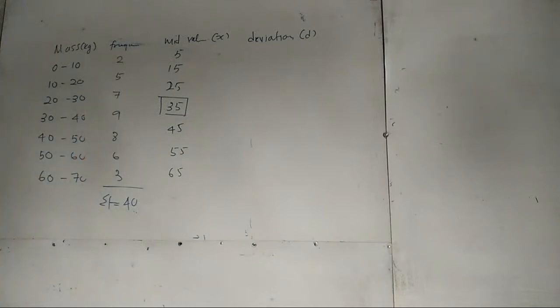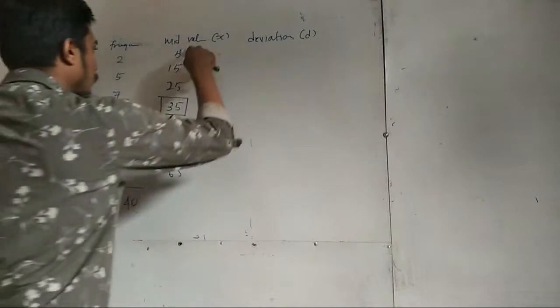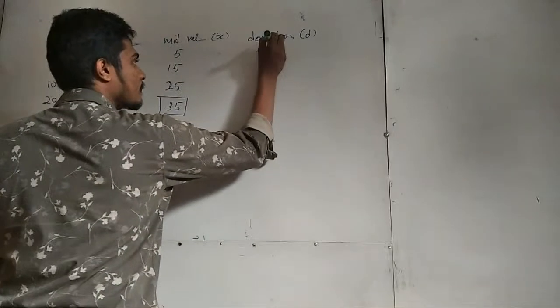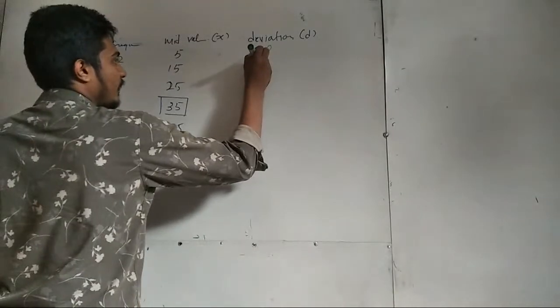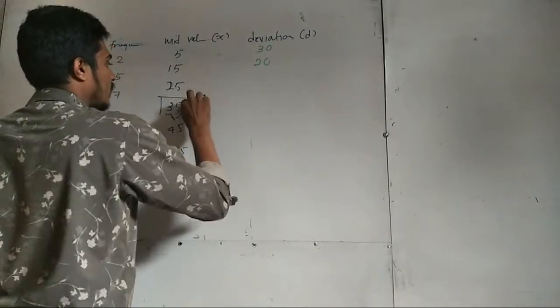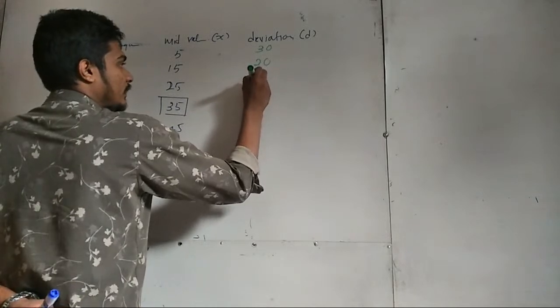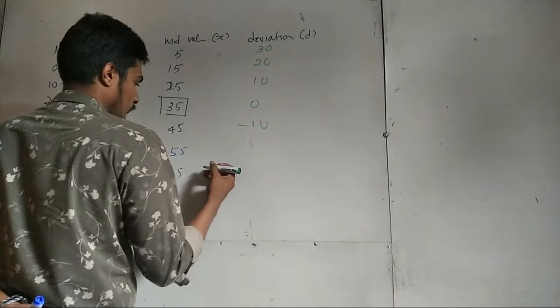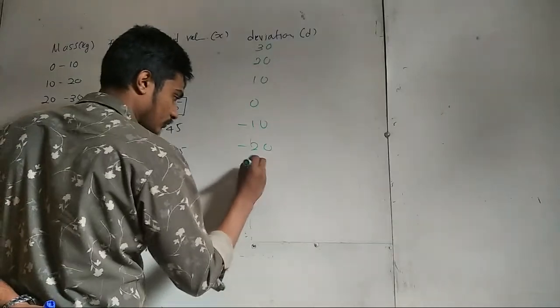So guys, deviation means assumed mean minus the mid value. 35 minus 5 is 30. 35 minus 15 is 20. 35 minus 25 is 10. Then 0, minus 10, minus 20, minus 30.